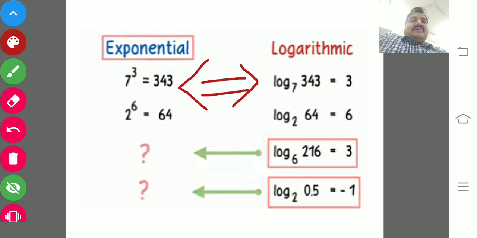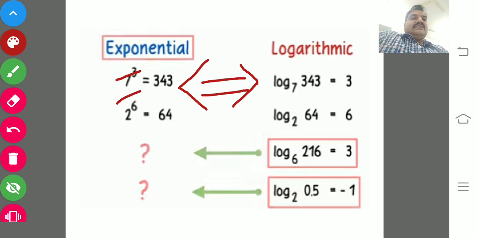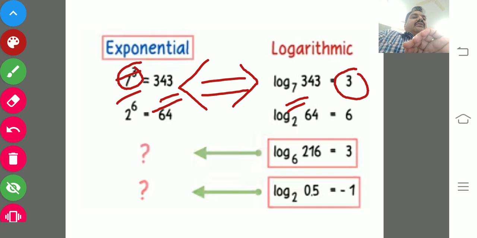Suppose 7 cube equal to 343. Here the 7 base is there, the 7 base is here. The power in exponential notation will come as the answer, on the LHS side in logarithmic notation.